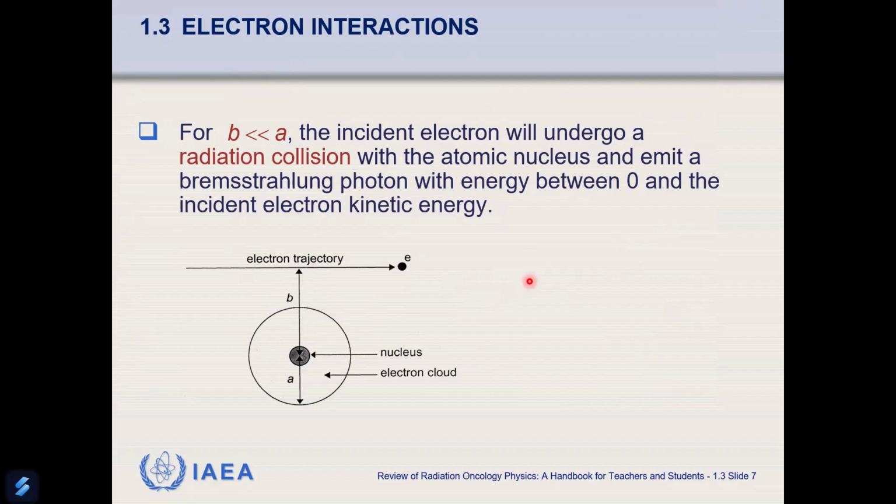The maximum energy among those photons produced would be the incident energy. So your spectrum will be from 0 to E0, the incident energy, and that spectrum will have a peak. The peak would be 1/3 up to 1/2 of E0.